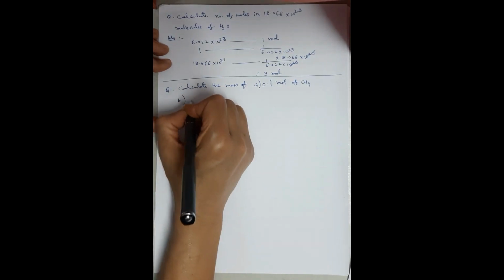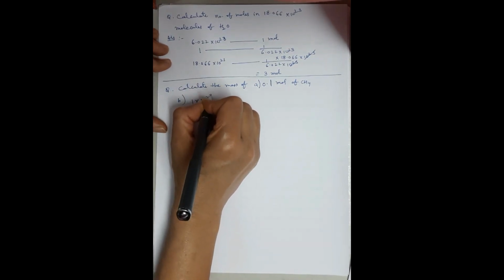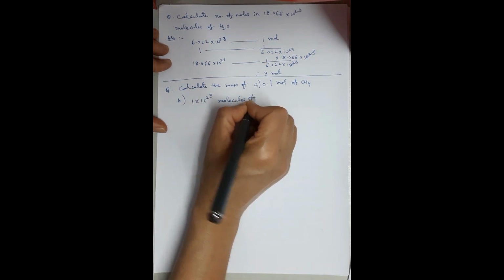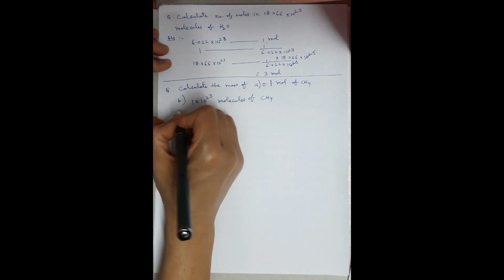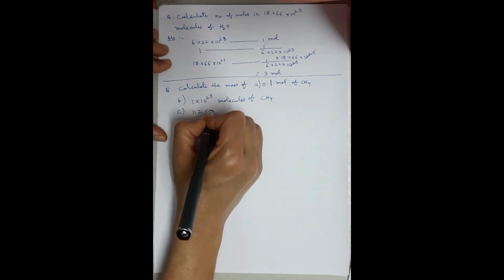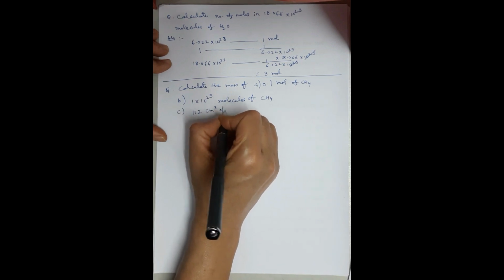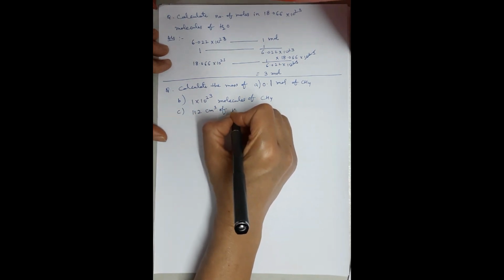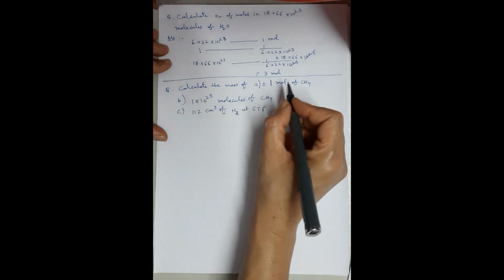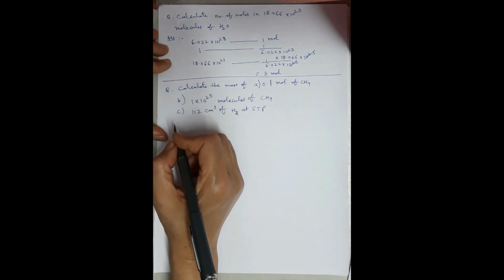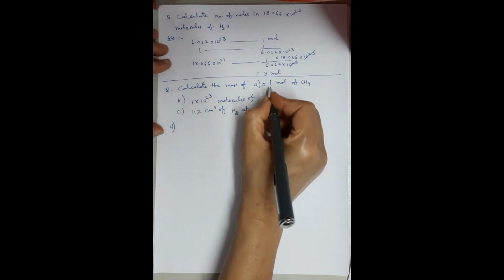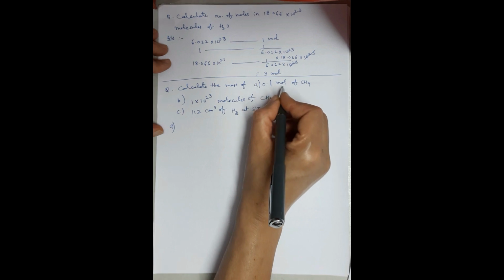Second part is 1 into 10 raised to power 23 molecules of methane. And third part is 112 centimeter cube of hydrogen at STP. Beta, with this question things will be more clear to you because you will get to know all the relations. For the first part, they are asking mass and mole is given to you.